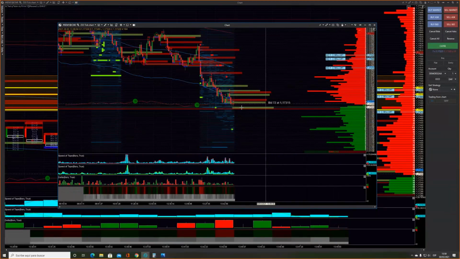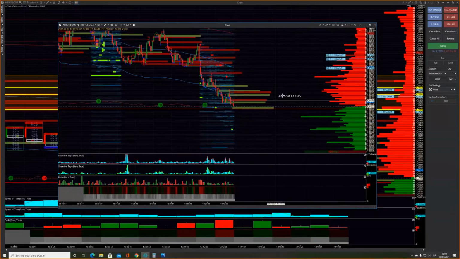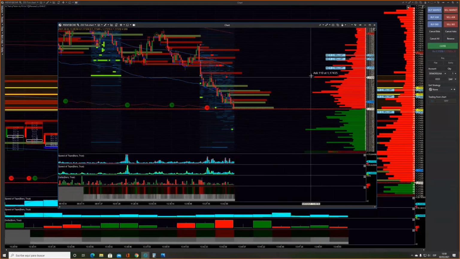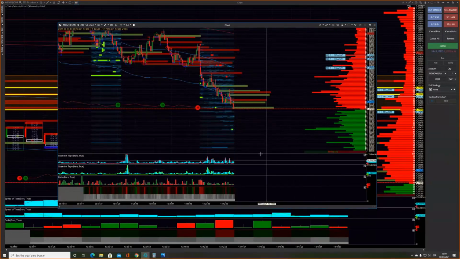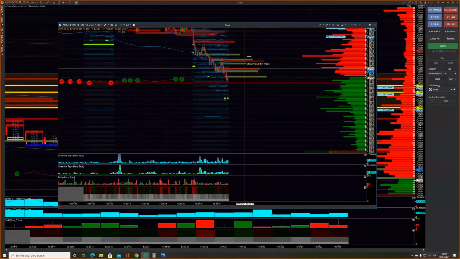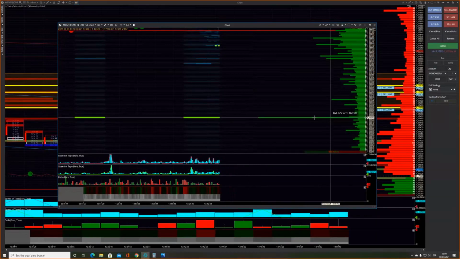Right now it's trading at the low of the day, and we have to be patient and wait to see if the price will come here at some point, unless it continues to go lower and lower without any correction. You can see below here how many orders are pending.